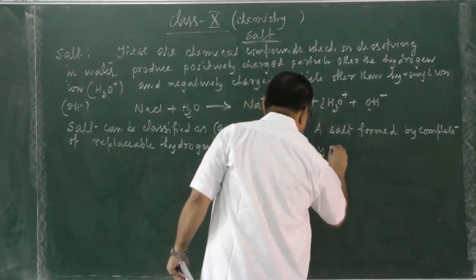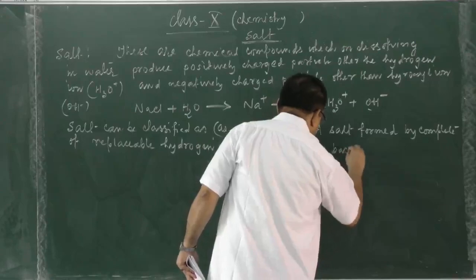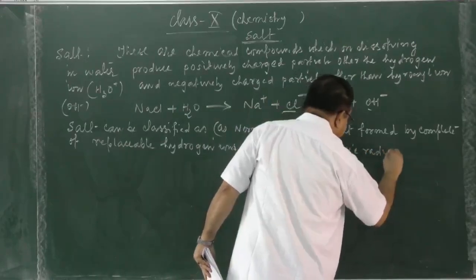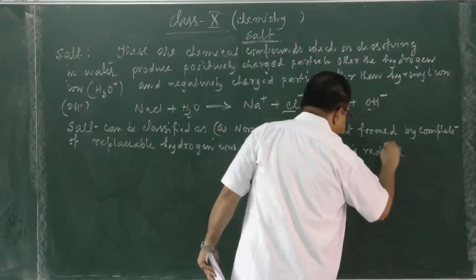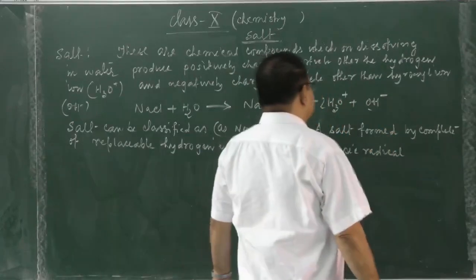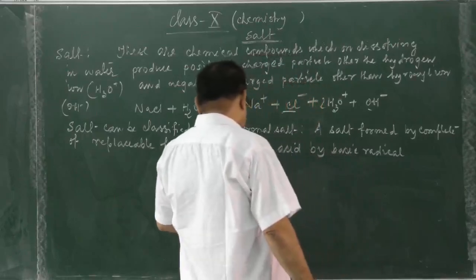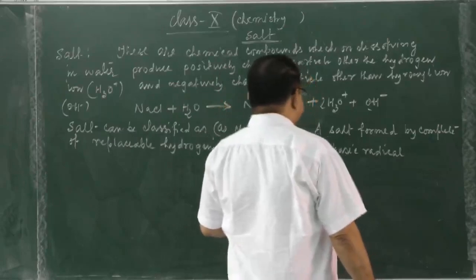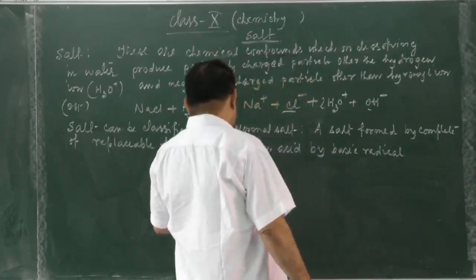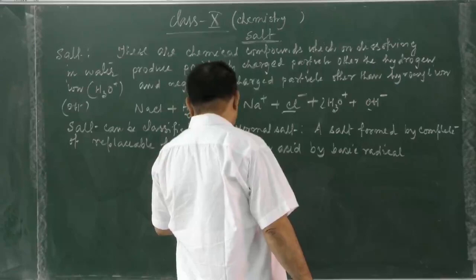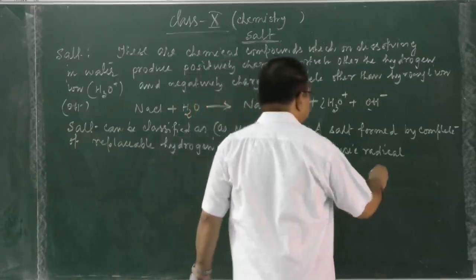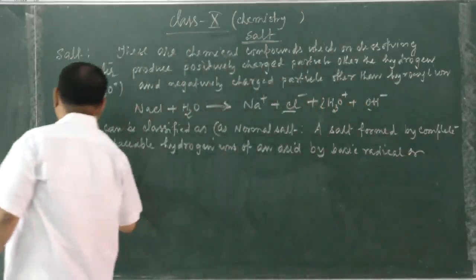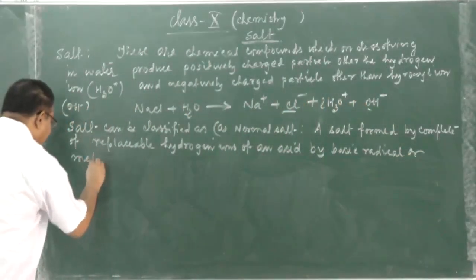Basic radical is what? The positively charged particles coming from the base, that is basic radical, or metallic ion.